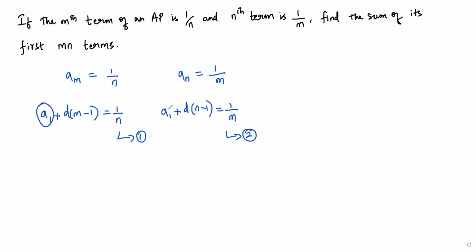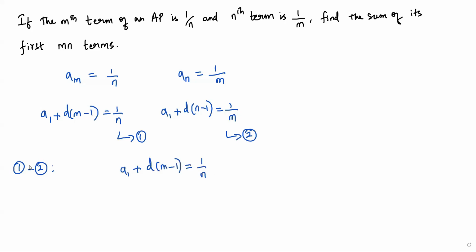Here a1 has the same coefficient, 1, in both equations. So if I subtract the two equations, I'll be able to get rid of a1 and get the value of d, the common difference. I subtract the second equation from the first equation. I write the first equation as it is: a1 plus d times (m minus 1) equals 1 over n.